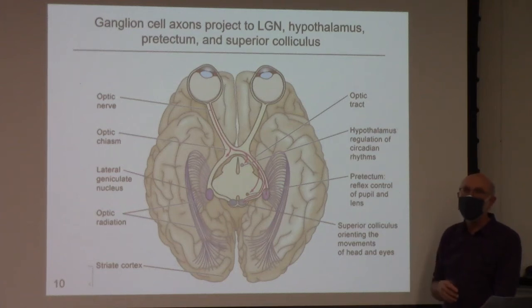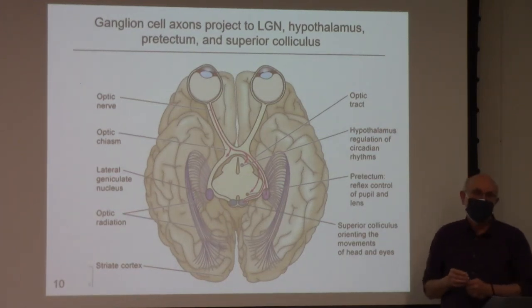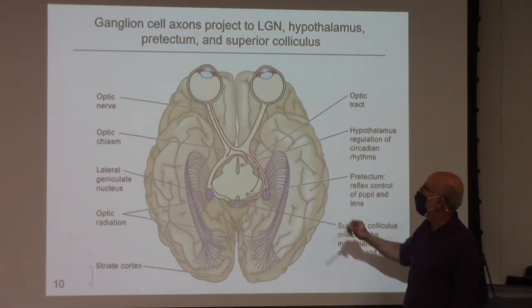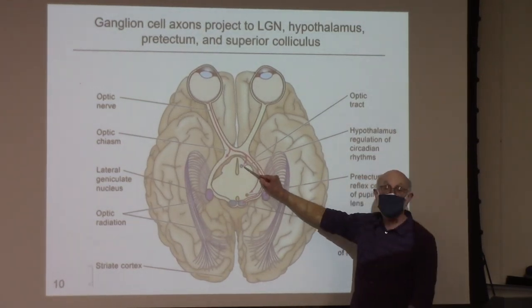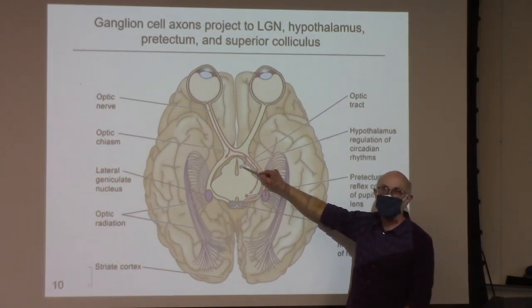So when you stay up till 3 o'clock in the morning, you are violating your evolutionary principles. We evolved to be awake during the day, and the hypothalamus helps control our day-night cycle, and it is receiving information from the eyes so that it knows, is it light out or is it dark out?